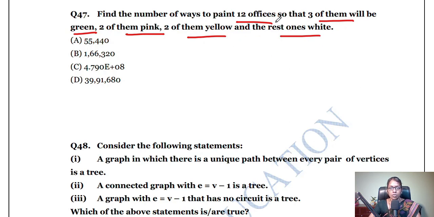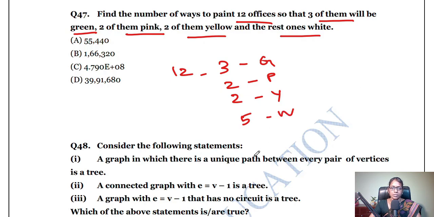So 12 offices are there. 3 will be green, 2 will be pink, and 2 will be yellow. 3 plus 2 is 5, 5 plus 2 is 7. Totally it is 12, so 12 minus 7 is equal to 5 are white.